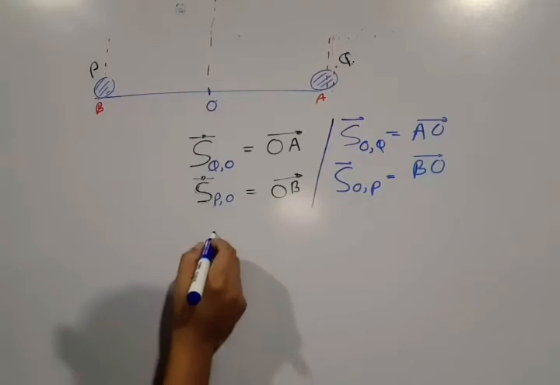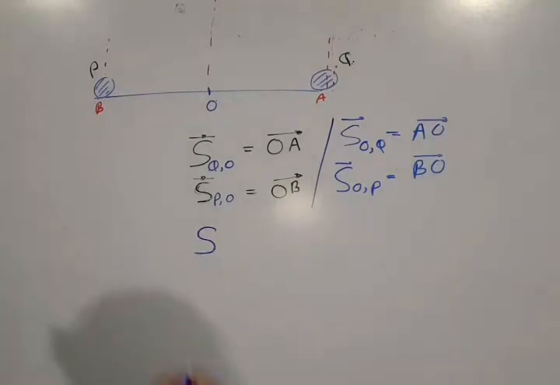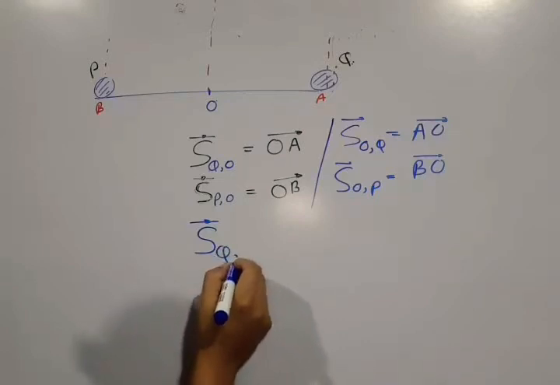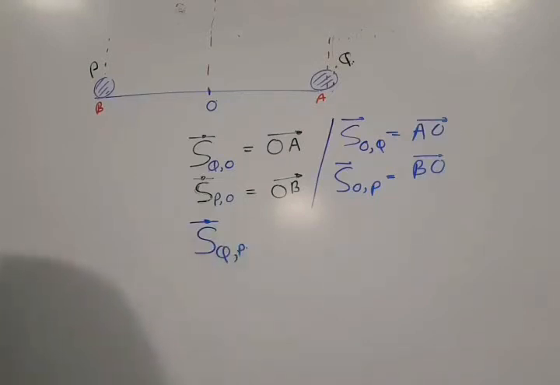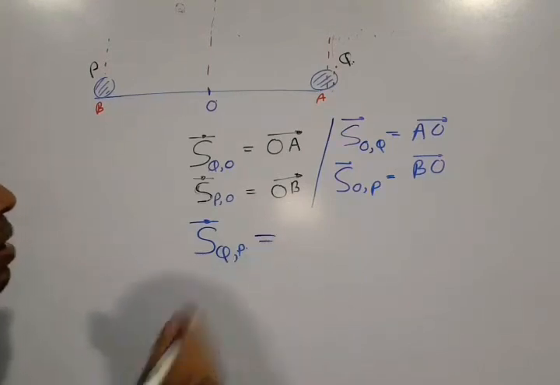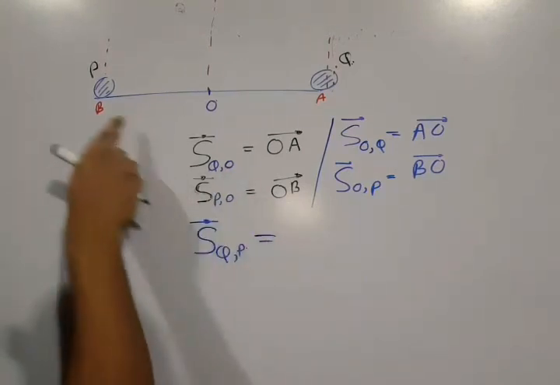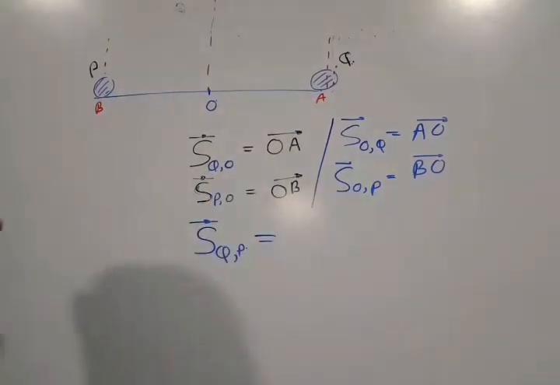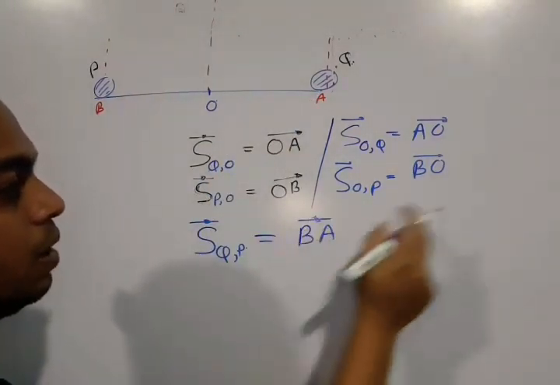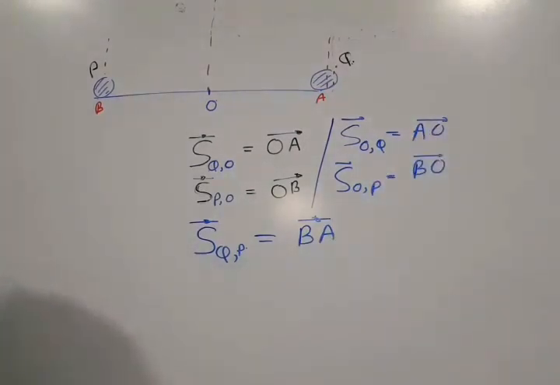That can be written as displacement of Q with respect to P. Displacement of Q with respect to P can be represented by a vector going from B to A, BA. Now they are all vectors.